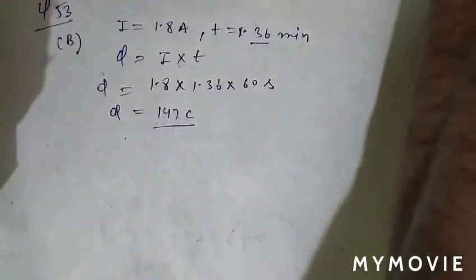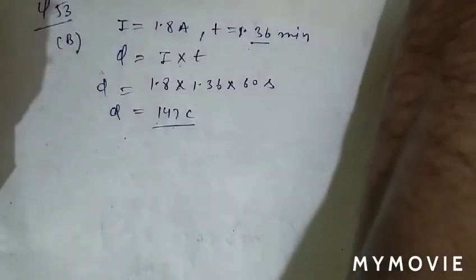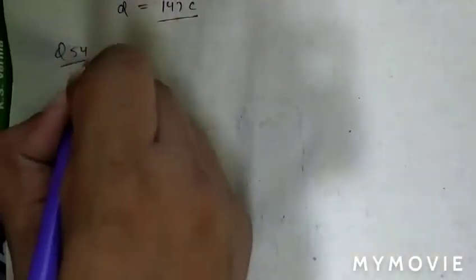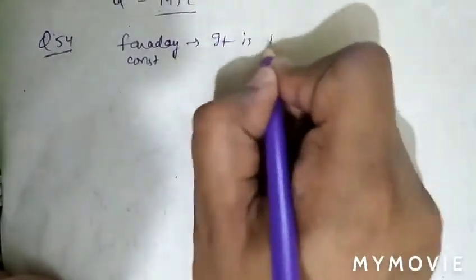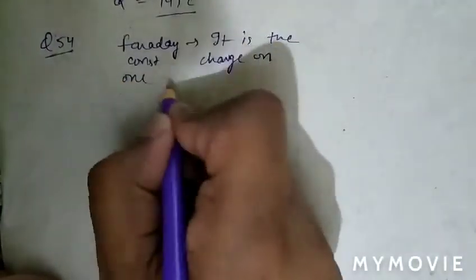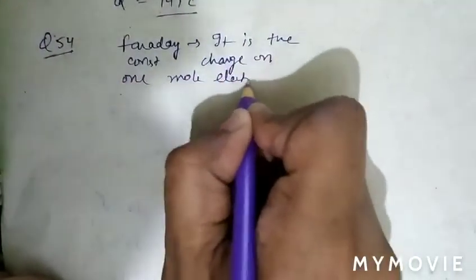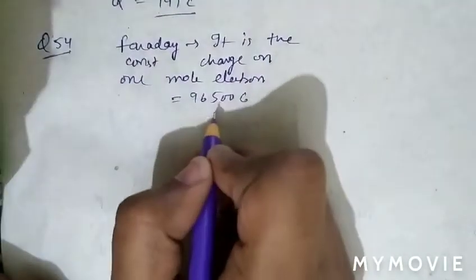See question number 54. In question number 54, what is given there? What is Faraday constant? As we know, Faraday constant is the charge on 1 mole of electrons, that is equal to 96500 coulomb.